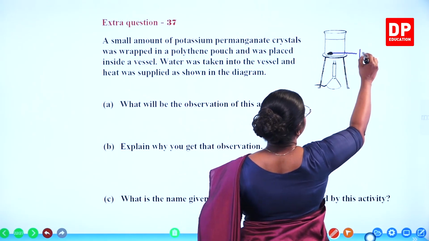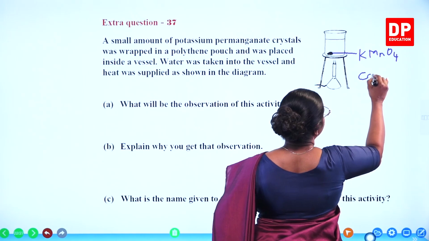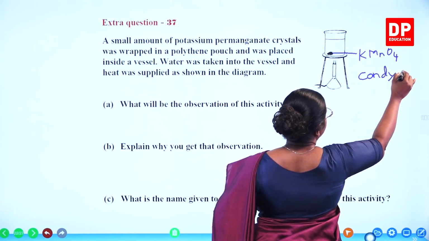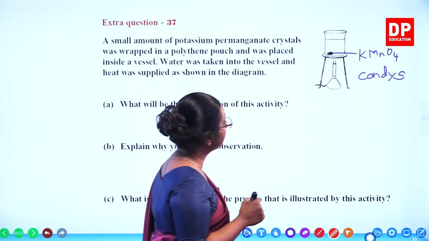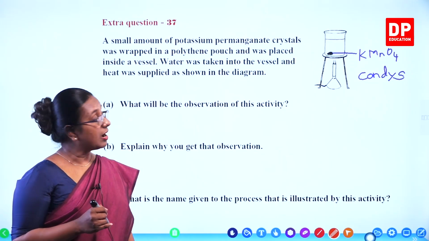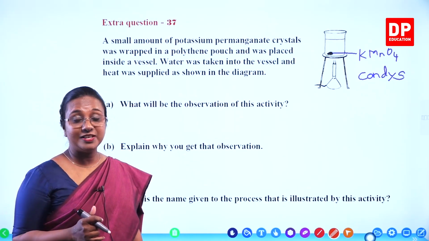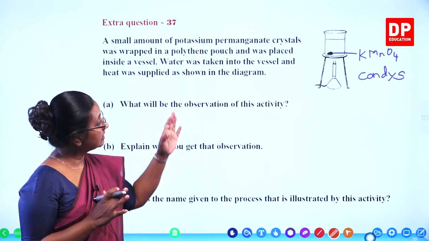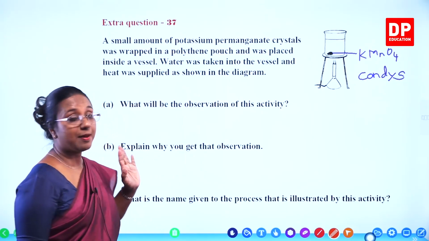This is potassium permanganate, KMnO4, or what we call as Condis, you know that. And then there is water there. We supply heat to this potassium permanganate. Why do we wrap it in a polythene pouch? So that little by little the potassium permanganate dissolves in water so that you can see the observation clearly. So you know what will happen there.